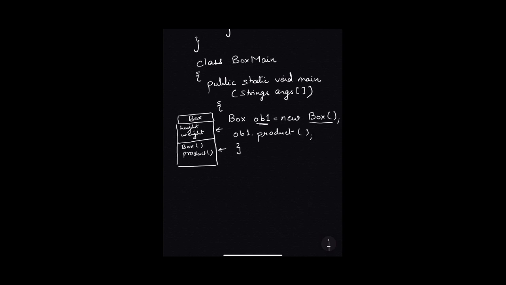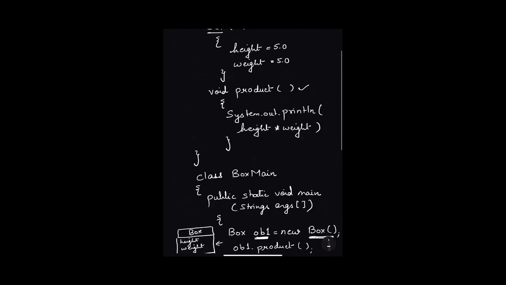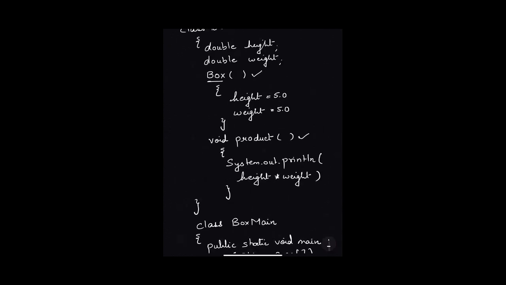Now let us see how this whole program works. When you have created this object ob1 of box class, a box constructor is called. Over here, my box constructor assigns a value of 5.0 to height and 5.0 to weight.